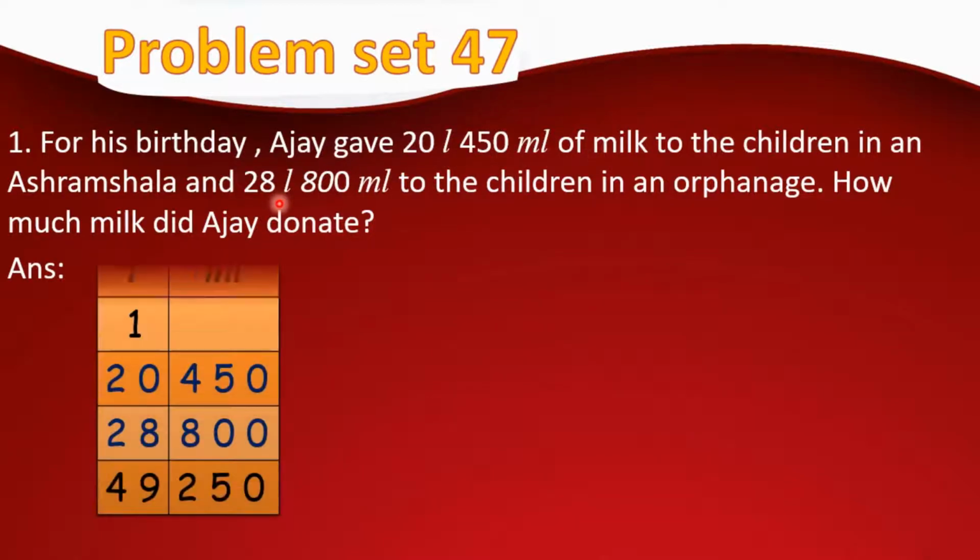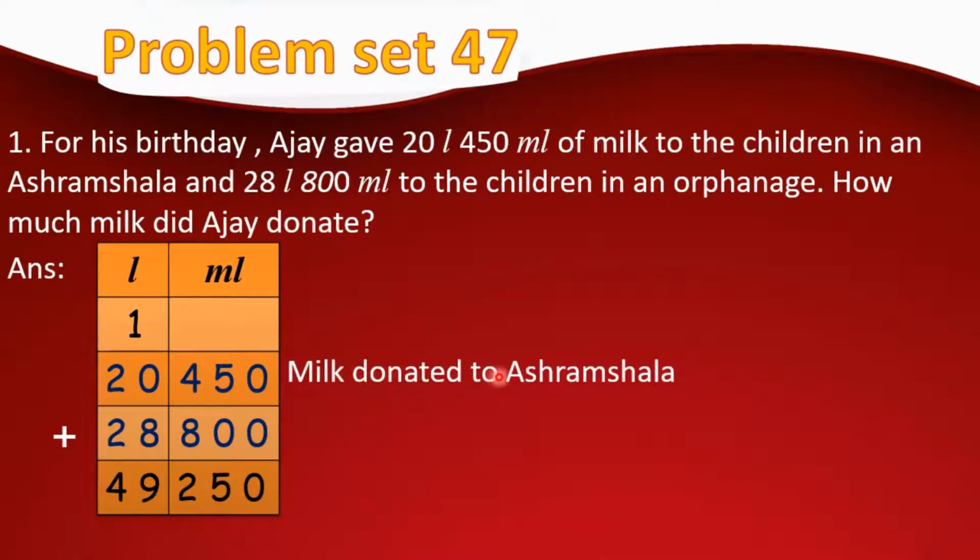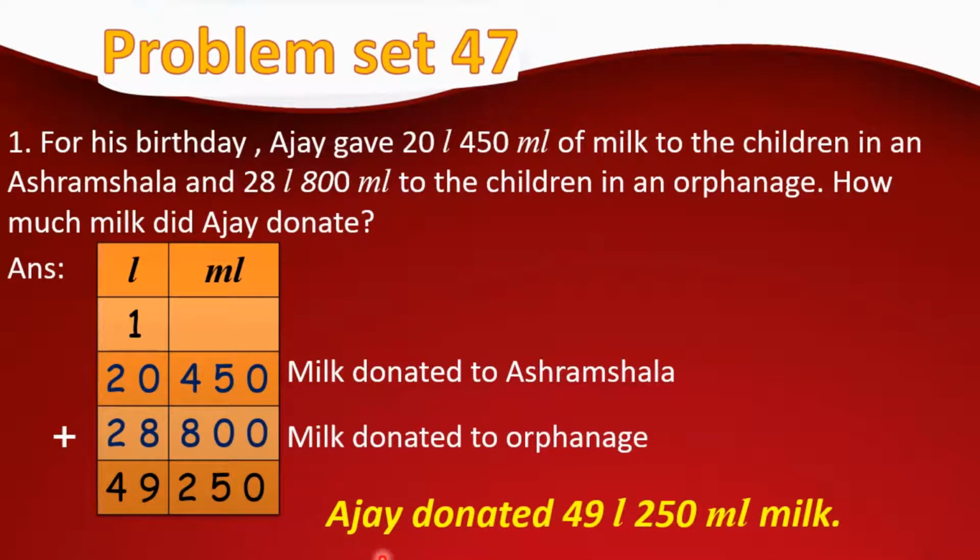So we write 20 liters 450 milliliters is the milk which is donated to the ashram shala, and 28 liter 800 milliliter is the milk which is donated to the children in the orphanage. So after adding these two, we get that Ajay donated 49 liter and 250 milliliter milk in all.